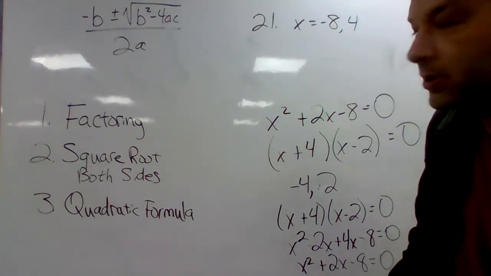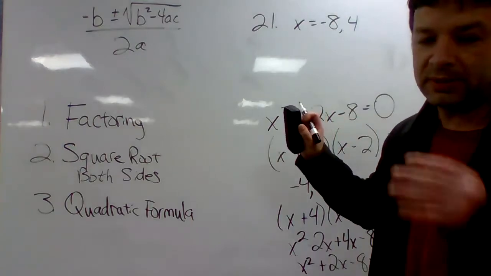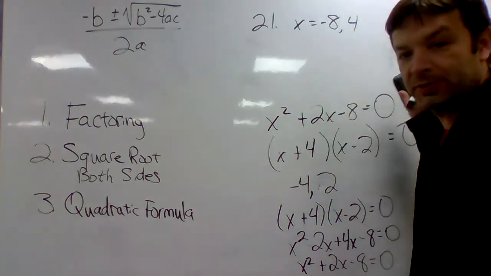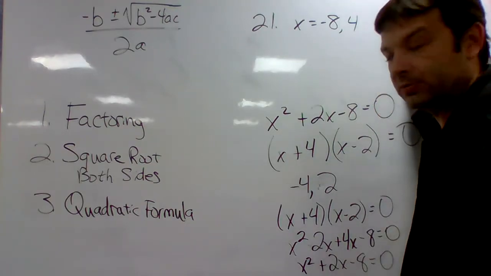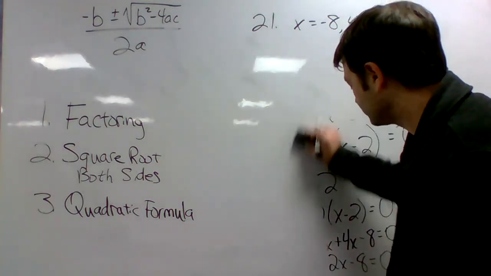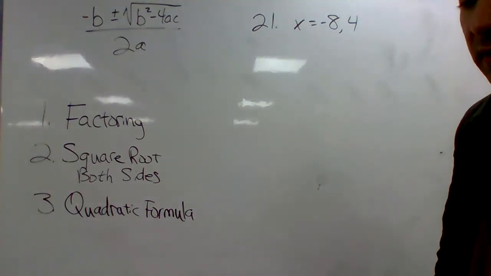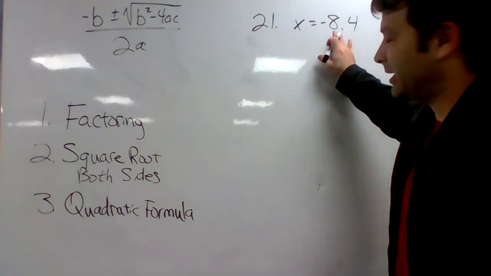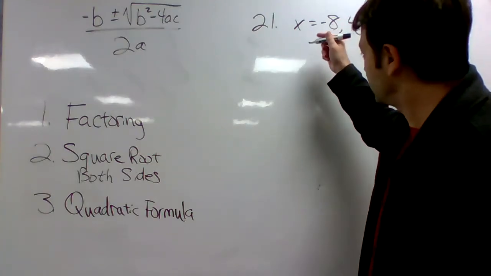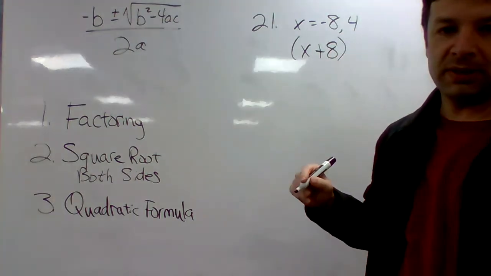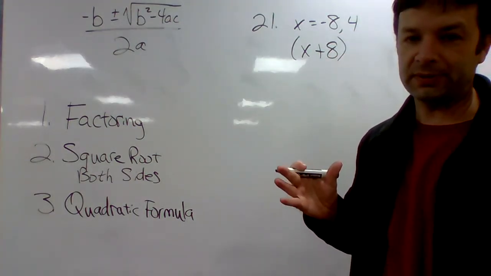All right, so it's not hard. I'm a little concerned that they only gave us 4, because that means we're going to almost immediately forget what we did. Okay, so if negative 8 is an answer, x plus 8 is going to be a factor.